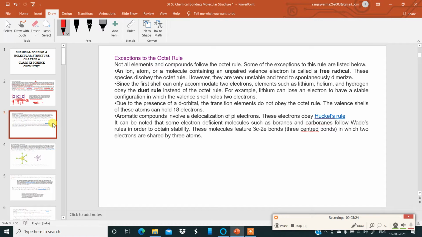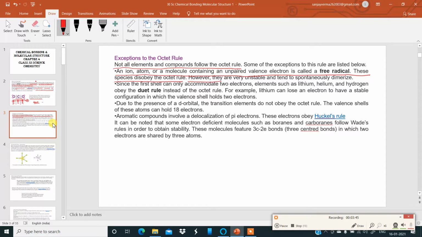Now, next, there are some exceptions to the octet rule. My dear students, not all elements and compounds follow the octet rule. Some of the exceptions to this rule are listed below. An ion, atom or molecule containing an unpaired valence electron is called a free radical. These species disobey the octet rule.